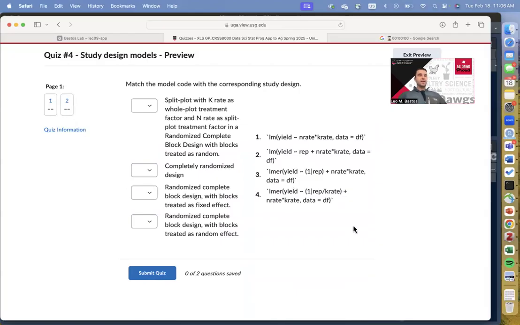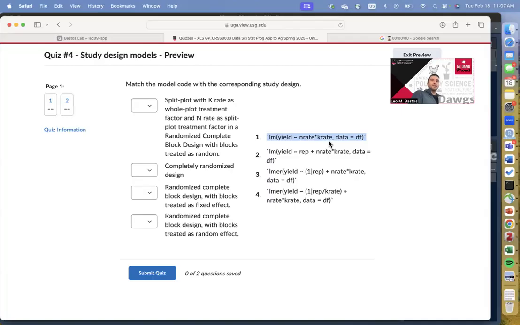All right, anyone else that has not shared yet, if you look on this first one, where would number one go here? This is CRD, right? How do you know? It doesn't have the rep. What else?